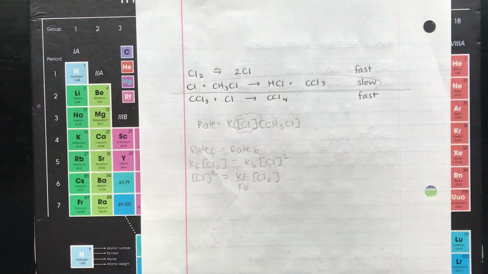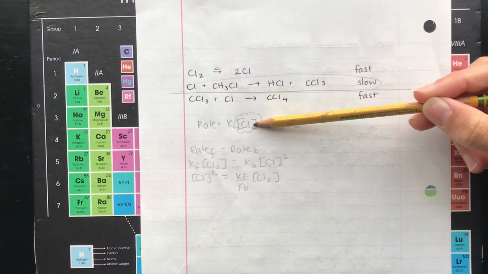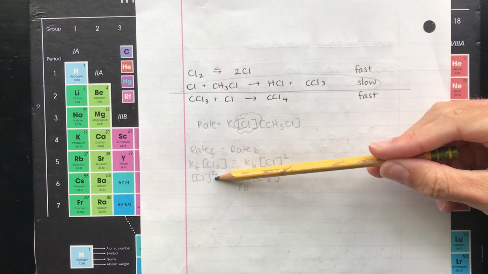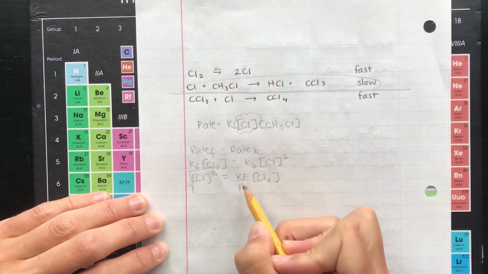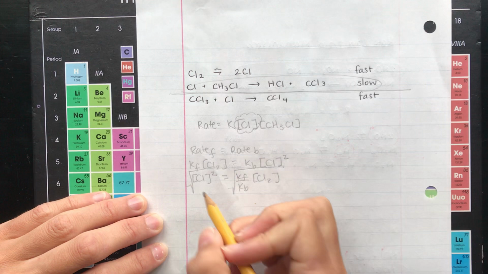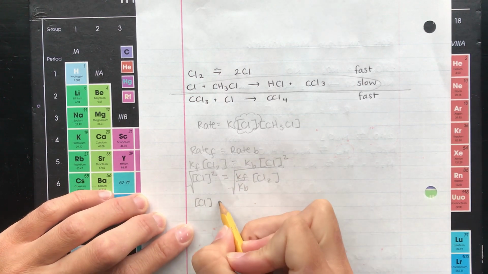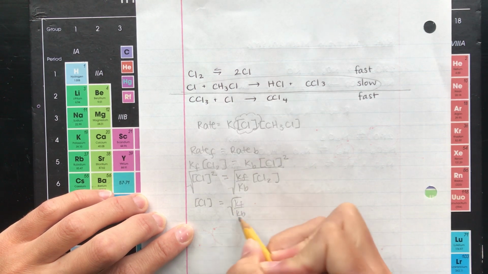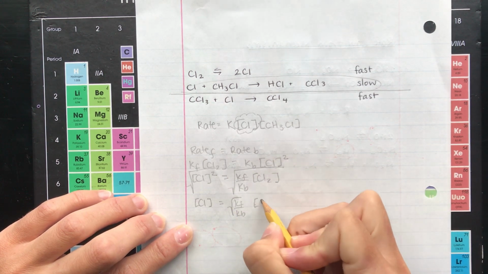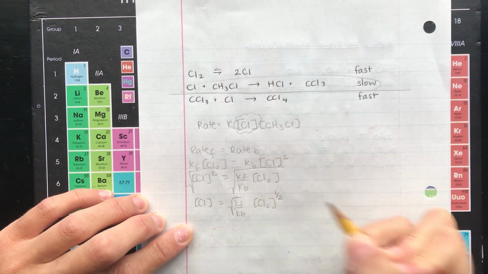Okay, hopefully you've realized we have a problem. Our rate law only has 1 chlorine atom, but this has chlorine squared. So I need to take the square root of both sides. When I do that, I get an expression for Cl. It's the square root of Kf over Kb. That's no big deal because that's just a constant. But Cl2 ends up square rooted, or to the half power.